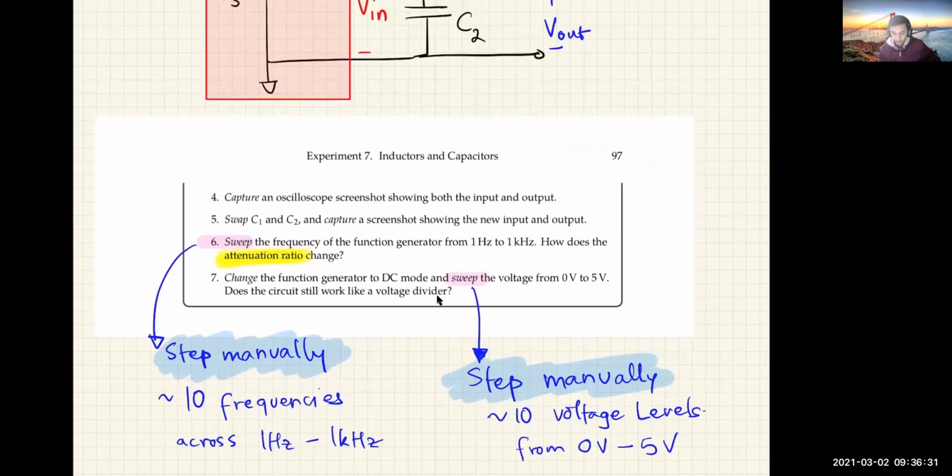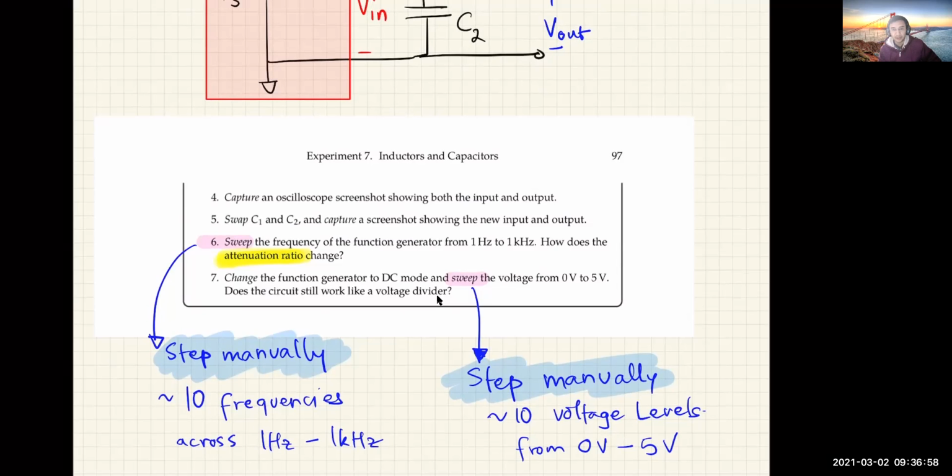Now, quick point of clarification here in question 6 and 7. The lab manual asks you to sweep the frequency from the function generator. What it actually means is to step the frequency manually, right? There are features in the 82 and other function generators that allow you to sweep the frequency really fast from one frequency to the other.